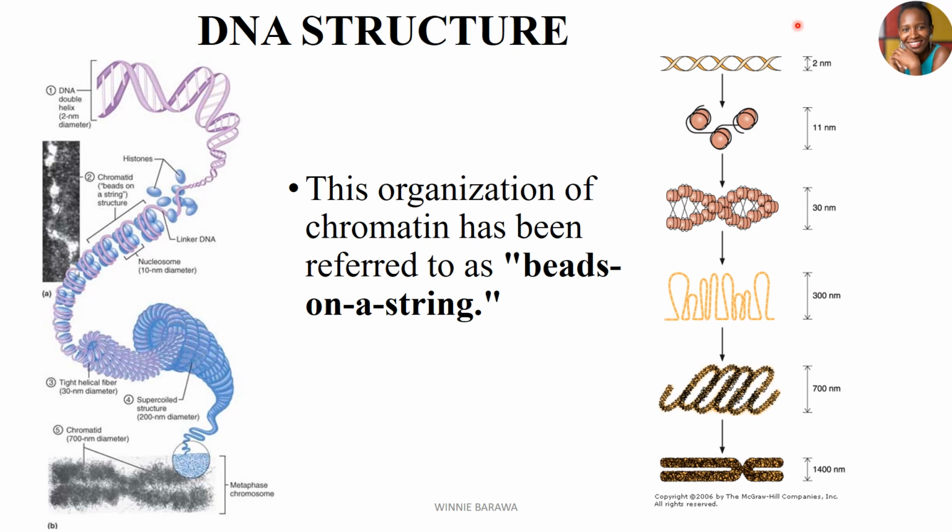So here is our DNA, and this DNA will coil around histones. This is our histone proteins, and then it gives you the nucleosome. These nucleosomes will keep condensing and give us the chromatins, and the chromatins will keep condensing and condensing until we end up with a chromosome.